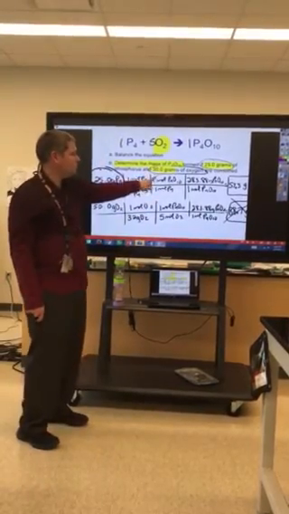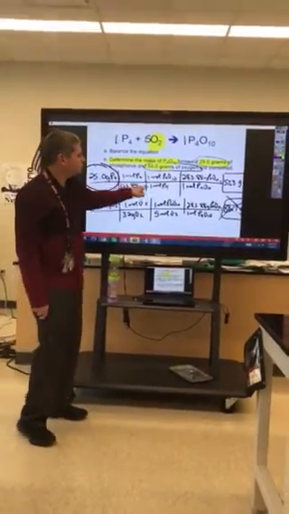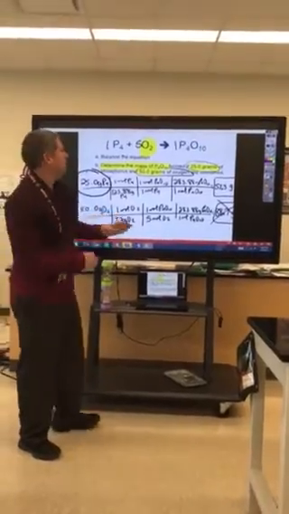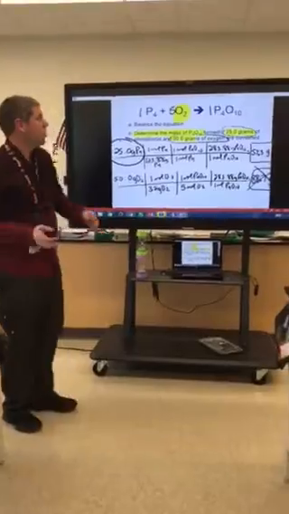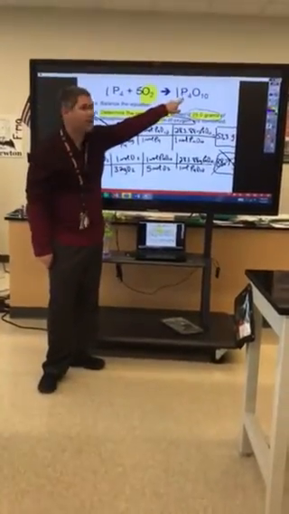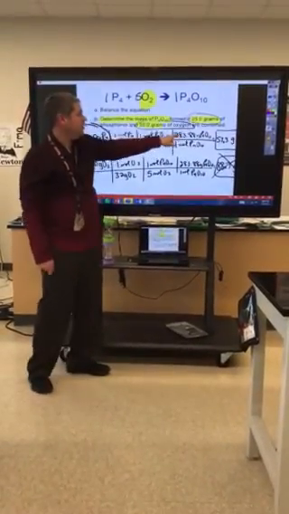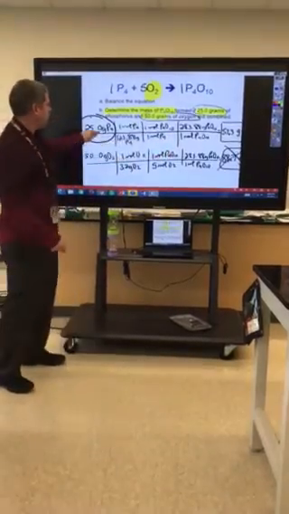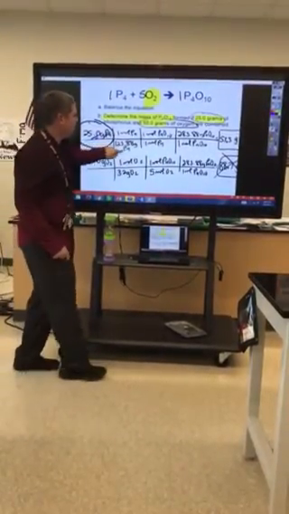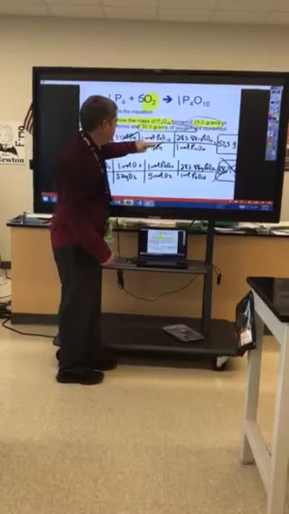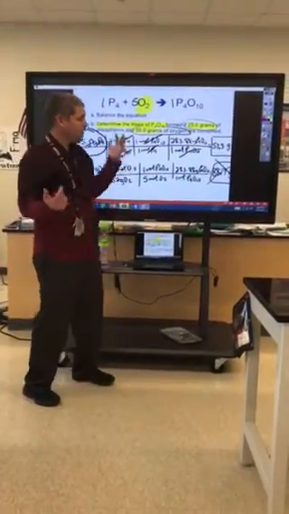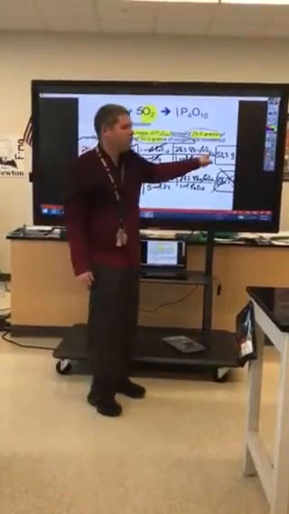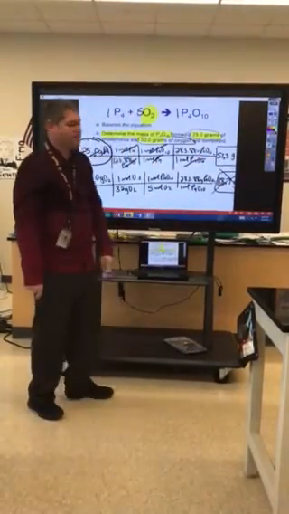So 1 mole of P4O10 equals 1 mole of P4. And then, what's the next step to get to grams? All you do is calculate the molecular mass of P4O10 and put it over 1 mole. All your units cancel, and you're left with grams. And that equaled 51.3 grams.